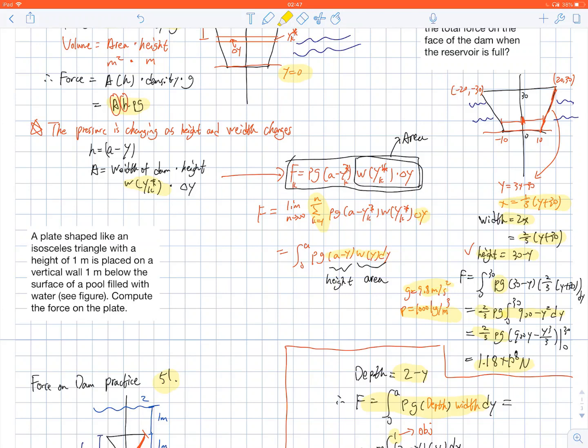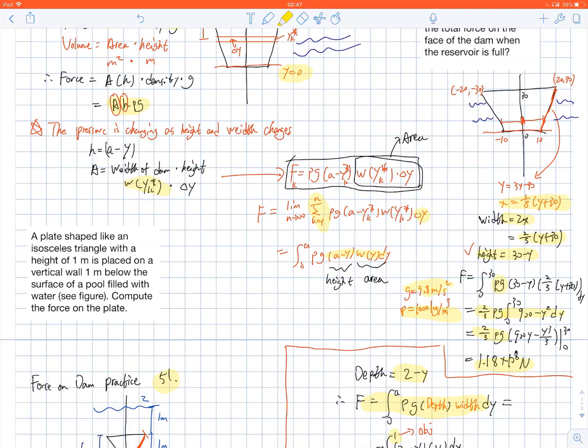Looking at the coordinates, since it's a line, we can easily get this function: y equals 3x minus 30, and if we invert that, making it in terms of y, it's going to be 1/3 of y plus 30.